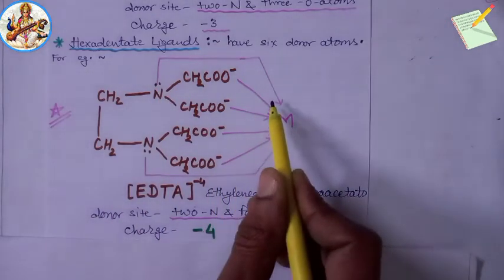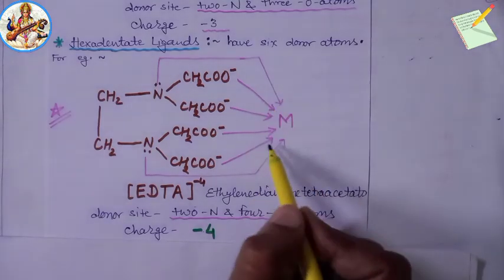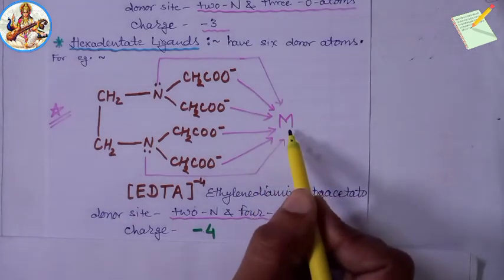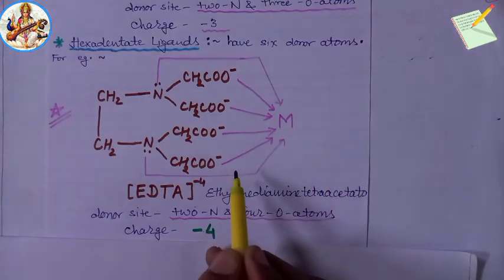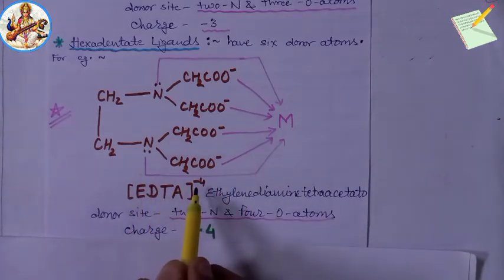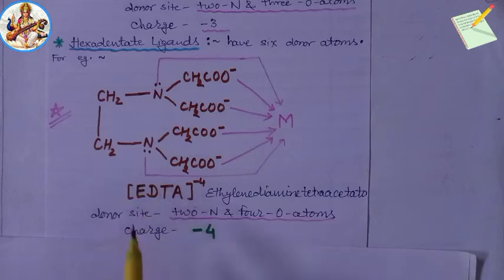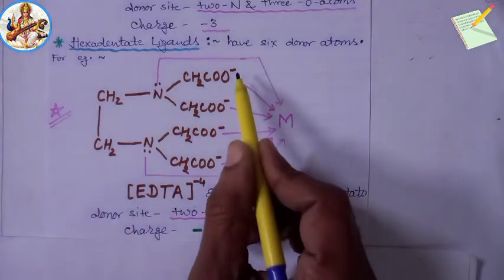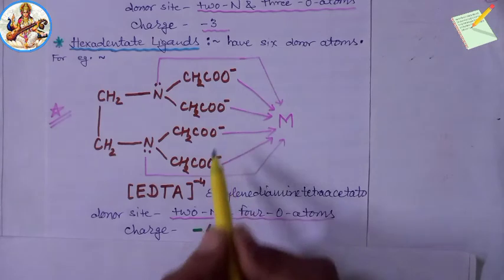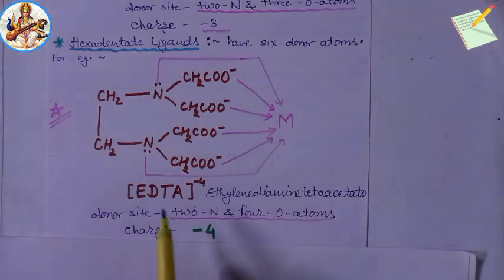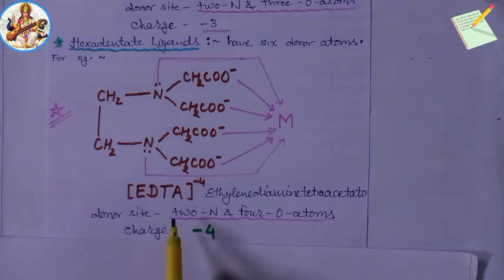So here 6 dative bonds are formed with a central metal in the coordination compound. Therefore EDTA 4- is a hexadentate ligand and charge is -4, 1, 2, 3 and 4. Very important example for your competition also.